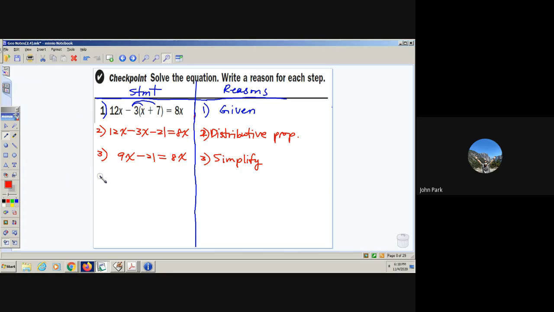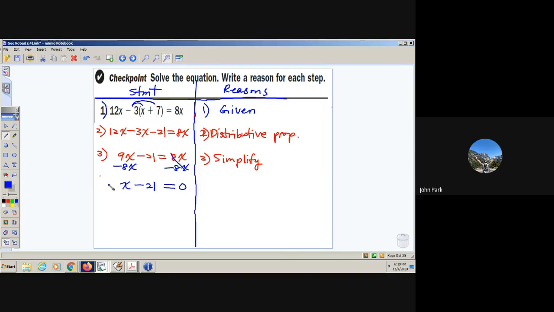And then the next step is to move the 9x to the other side or move the 8x to this side to bring the x's together. We could do either way, but I think it would be easier if I subtract 8x, subtract the smaller number from the bigger number. That cancels out, so you get a 0, right? And then 9x minus 8x is 1x, so just x minus 21 is equal to that.